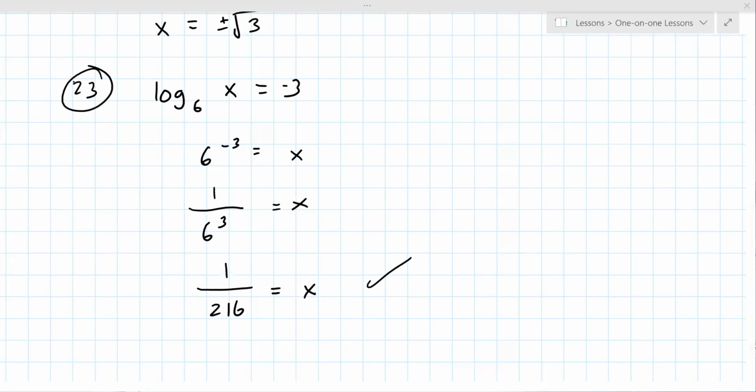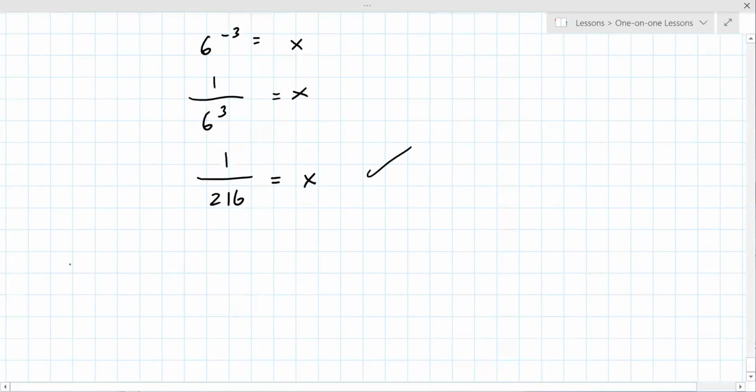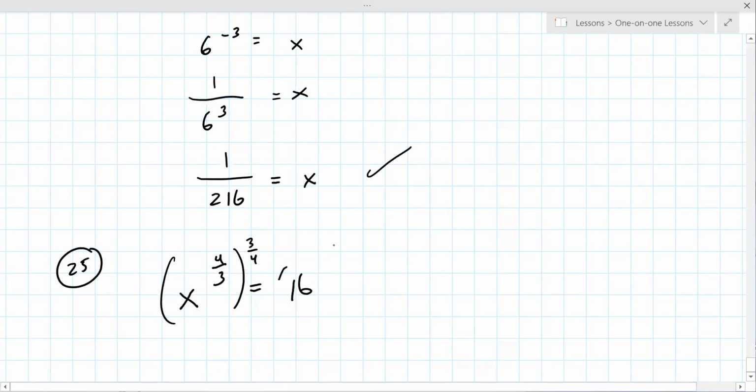So x to the 4/3 equals 16. How do you solve that though? So you undo the exponent with its reciprocal, 3/4, because when you multiply by the reciprocal, it goes to 1.